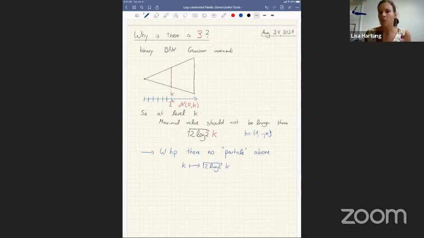And now, because we have these n points where we want to control it, we will just add some large constant times log of k minimum n minus k.